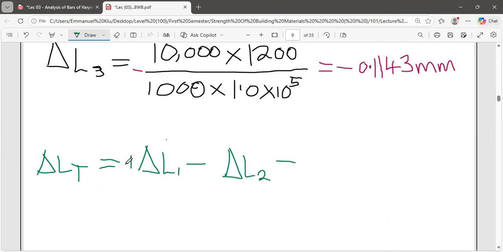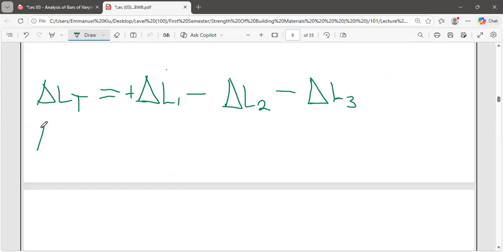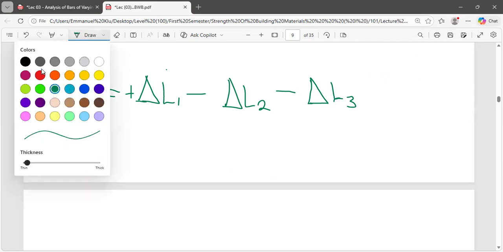It was only this one that was positive because it was in tension. Minus the change in length of material 2. So finally, let's just do our substitution to make life much easier.